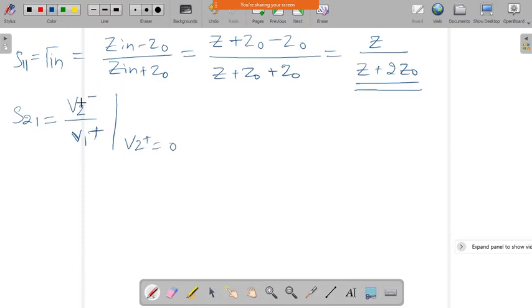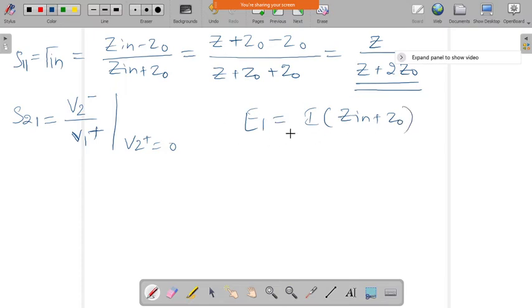First we have to find V2 minus, and also V1 plus. We have already found that E1 is equal to I into Zin plus Z0, and we can write I as E1 divided by Zin plus Z0.